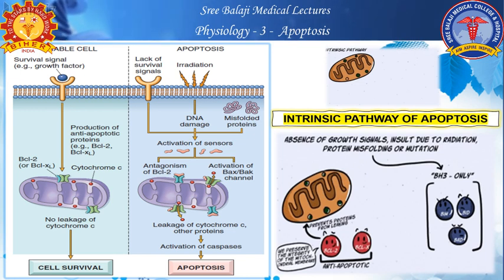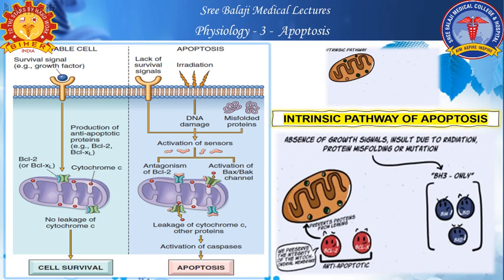Those three proteins are BIM, BAD, and BID. These three BH3 proteins will prevent the function of BCL2 and BCLX, which are anti-apoptotic in nature. Plus, they also activate the two pro-apoptotic factors called BAX and BAK, which allow the membrane of the mitochondria to ooze cytochrome C into the cytoplasm.